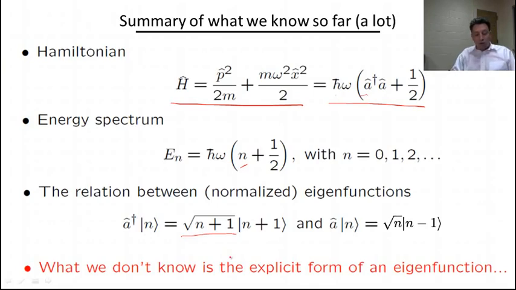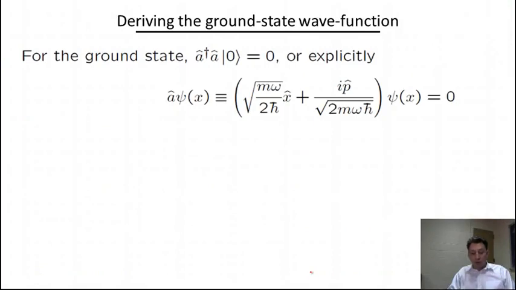So, in order to find the explicit form of an eigenfunction, let me focus on the ground state, that is the lowest energy state in our problem. And this eigenstate, as we discussed in the previous video, is characterized by the fact that the action of A dagger A on it gives simply 0.